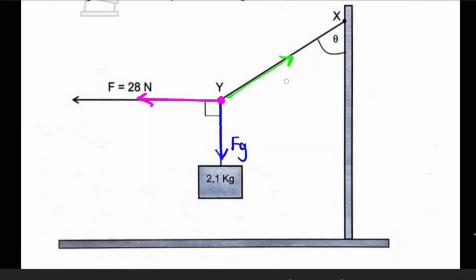So these are the three forces that we have acting on point Y. Now it's important that when it comes to Newton's laws, before you even read the questions, read the given information, make sense of the diagram that's given, understand all the forces that you are dealing with, and then only read the question. So here we've got these three forces.